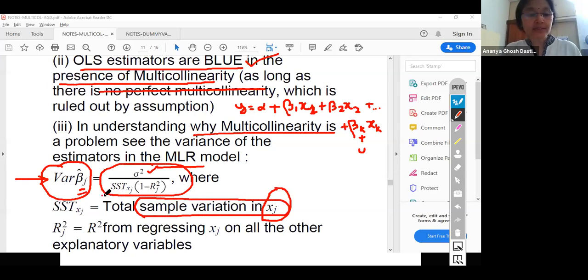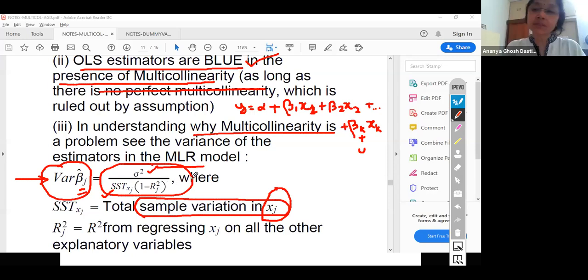That is this term. Now what else is it a function of? There is a new expression over here, which was not there in the two variable model. In the two variable model, we didn't even talk about multicollinearity. But now, with more than one variable, the question of how they are correlated with each other comes up. And why that correlation can be a problem lies right here in the expression of the variance of beta hat j.